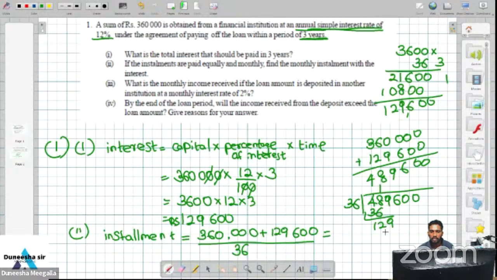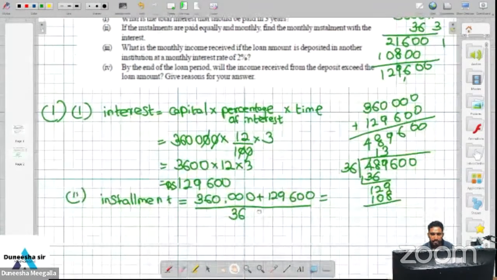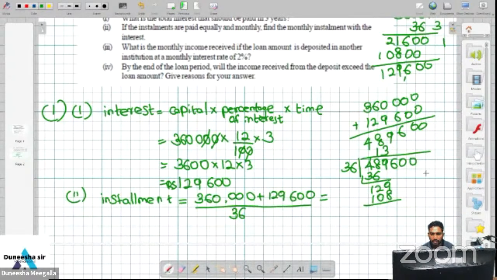Then how many 36s in 129? It's about 3. 6 multiplied by 3, it's 18. 1 is remaining. 9 plus 1 is how much? 108. Is it? 72 plus 36, it's 108.